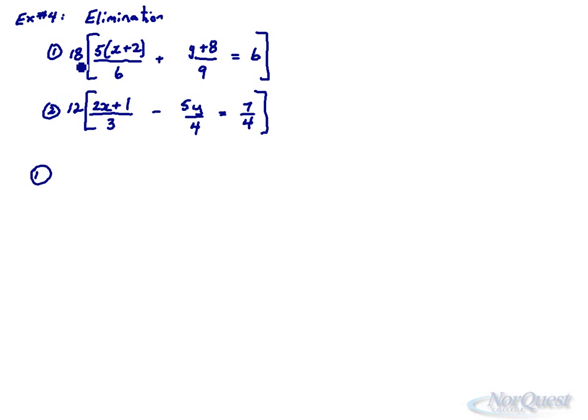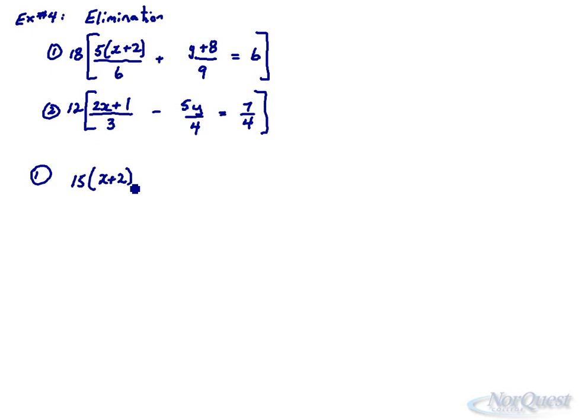Now equation 1 is going to be 18 times the top divided by 6. Well, I'm going to reduce right away. 18 divided by 6 will be 3. Times the top, well, 3 times 5 gives me 15 times (x plus 2). Now again, if you don't see this, write the whole thing out, then reduce after.